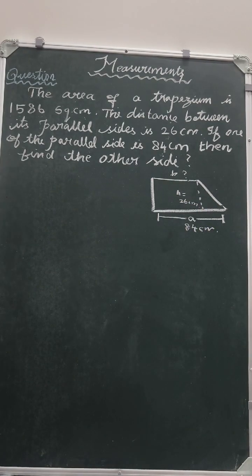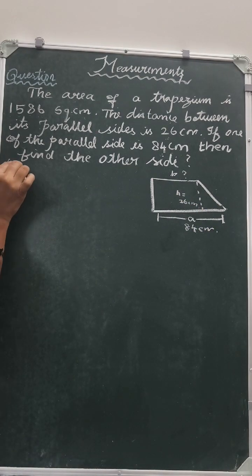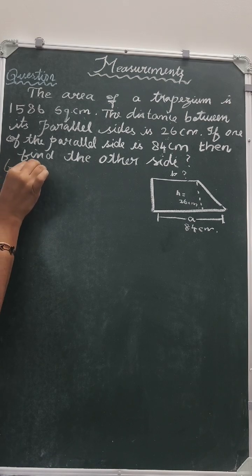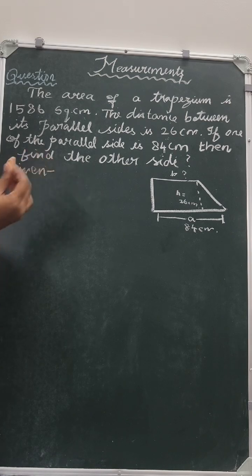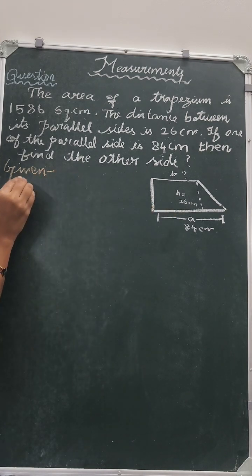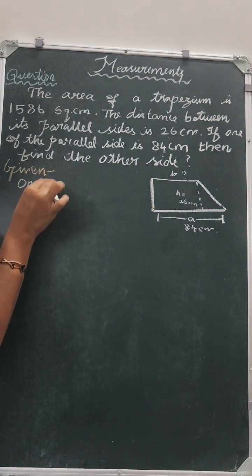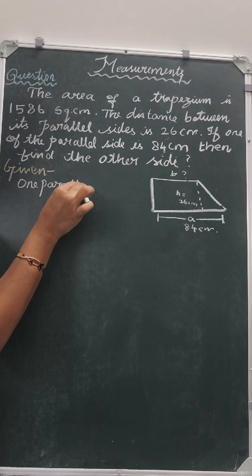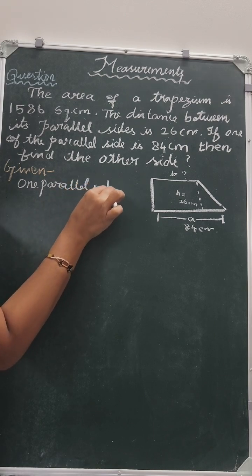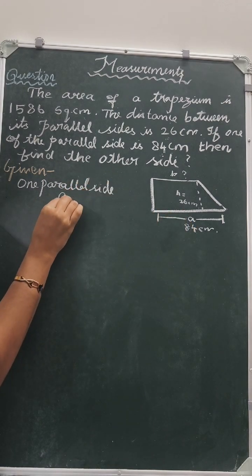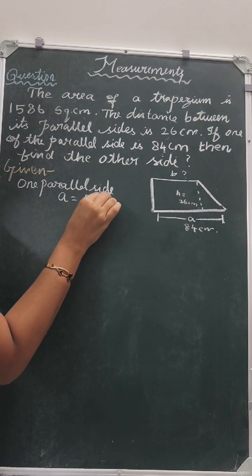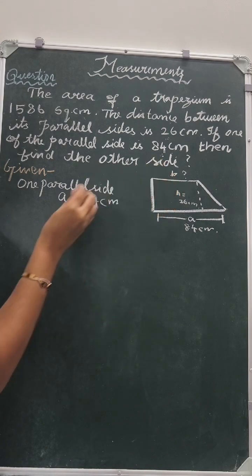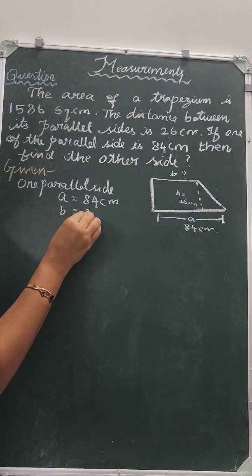The next step, we have to write the given. So what all they have given? One parallel side, that is A. A is equal to 84 centimeter and we have to find B is equal to question mark.